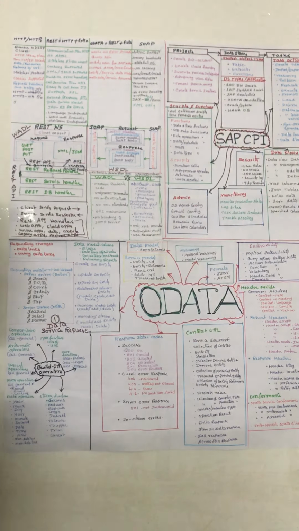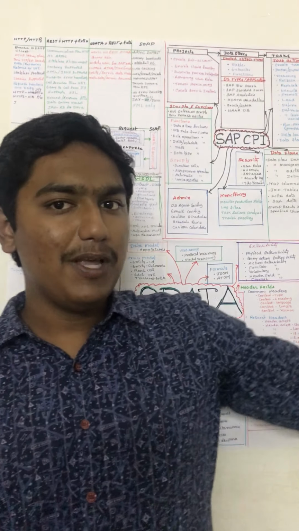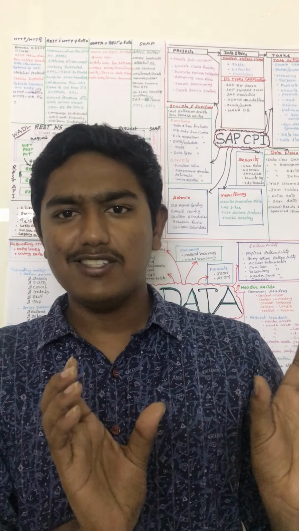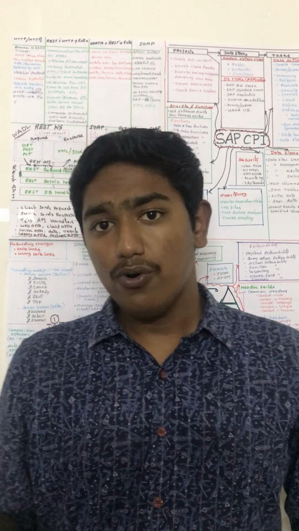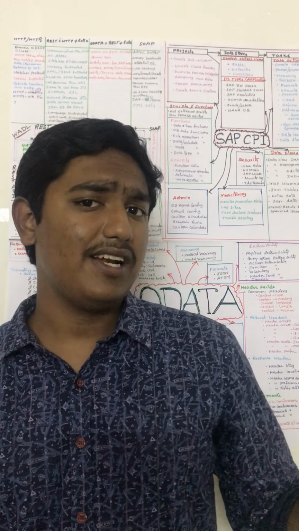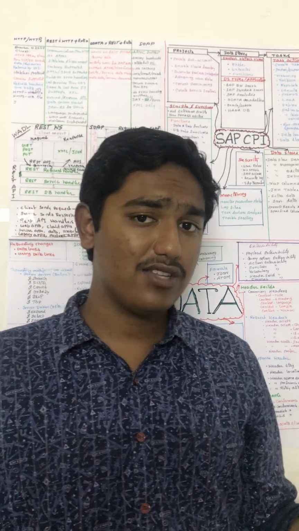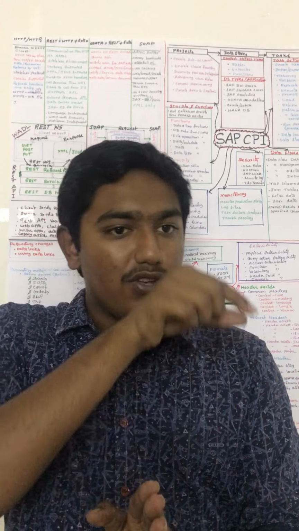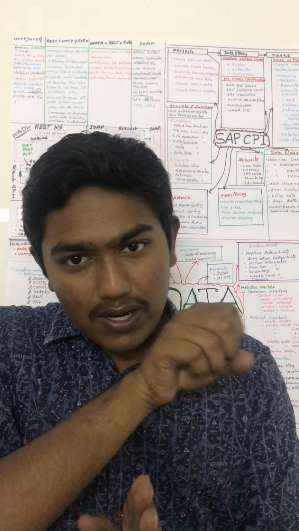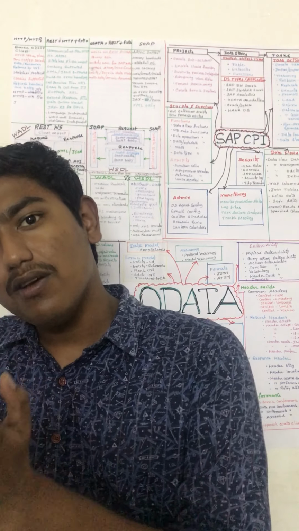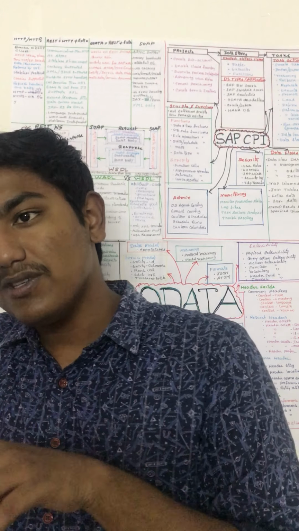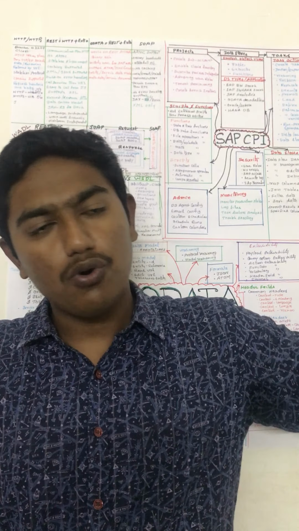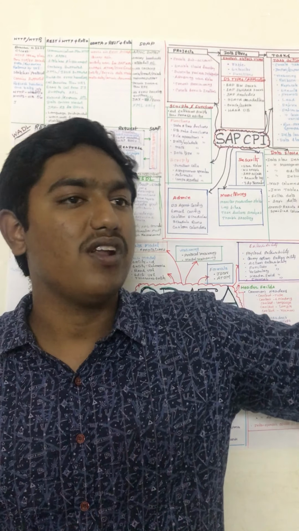There will be C4HANA cloud tenants and CPQ in between CPI and S4HANA. When the request is sent from CPQ or C4HANA cloud tenants to CPI, we use these frameworks to request information from CPI. Again CPI, using these frameworks, requests information from the S4HANA database. The response also goes through CPI to the C4HANA cloud tenants or CPQ.